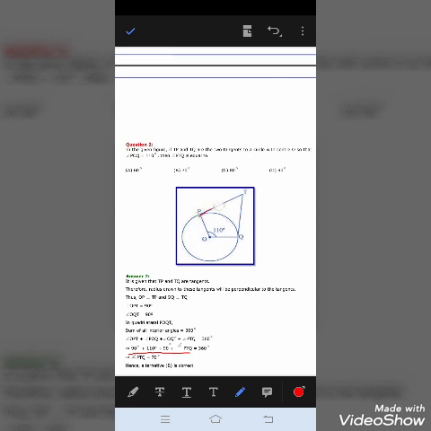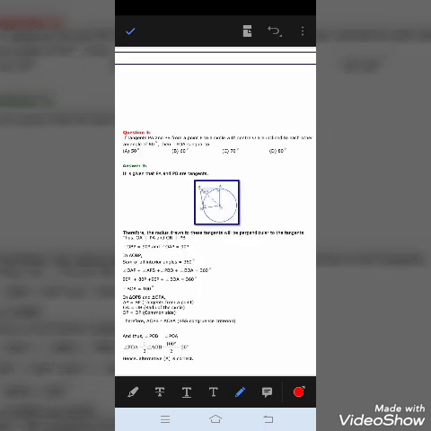By adding and subtracting, changing their place, we find that PTQ is 70 degree. Hence the option with 70 degree is right. I hope you all understand. Thank you.